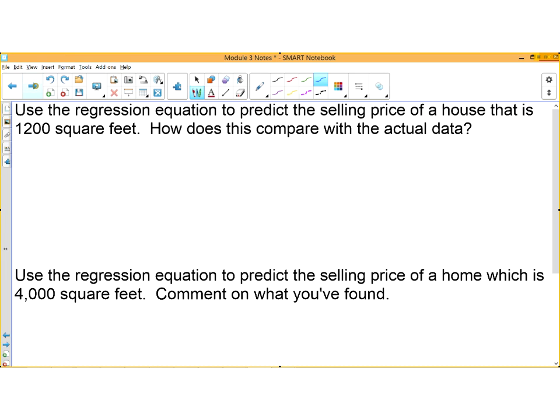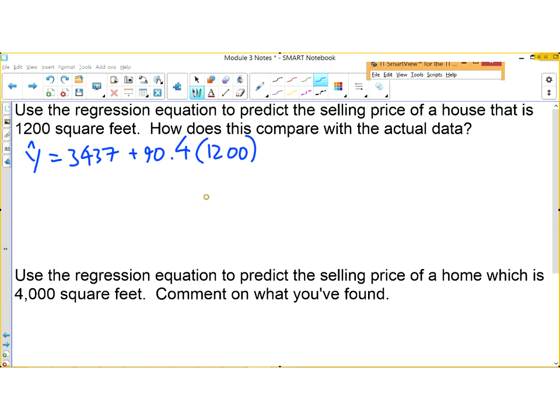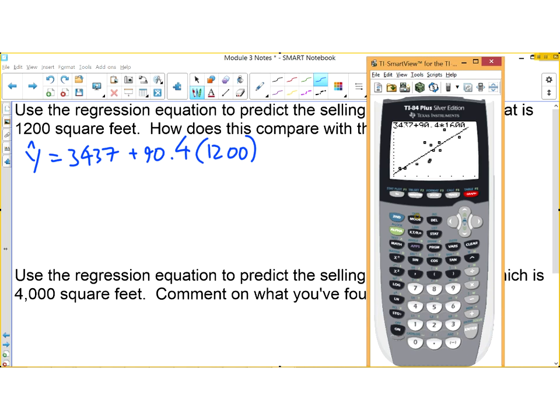It says use a regression equation to predict the selling price of a house that is 1,200 square feet. All that means is plug in 1,200 for x. So I have y hat equals 34,037 plus 90.4 times 1,200, and you do that with the calculator.